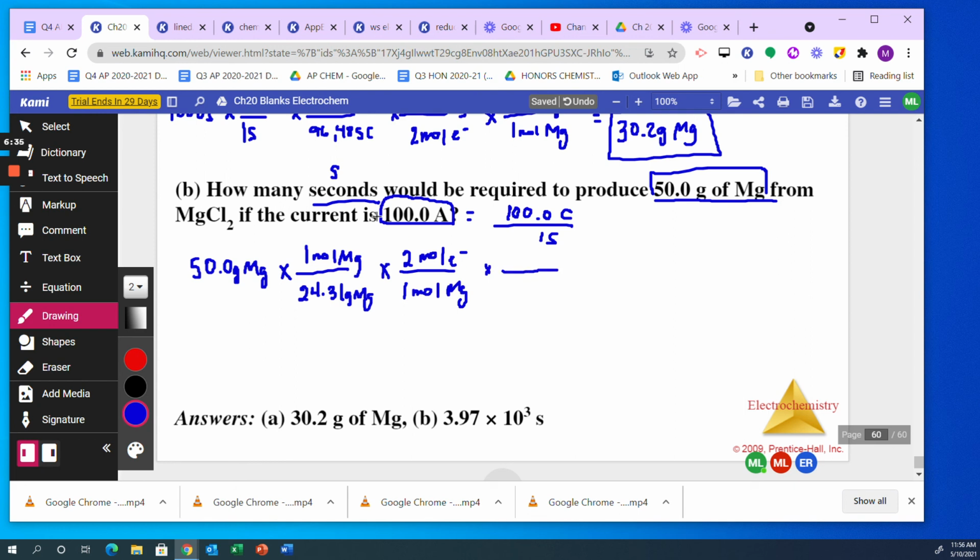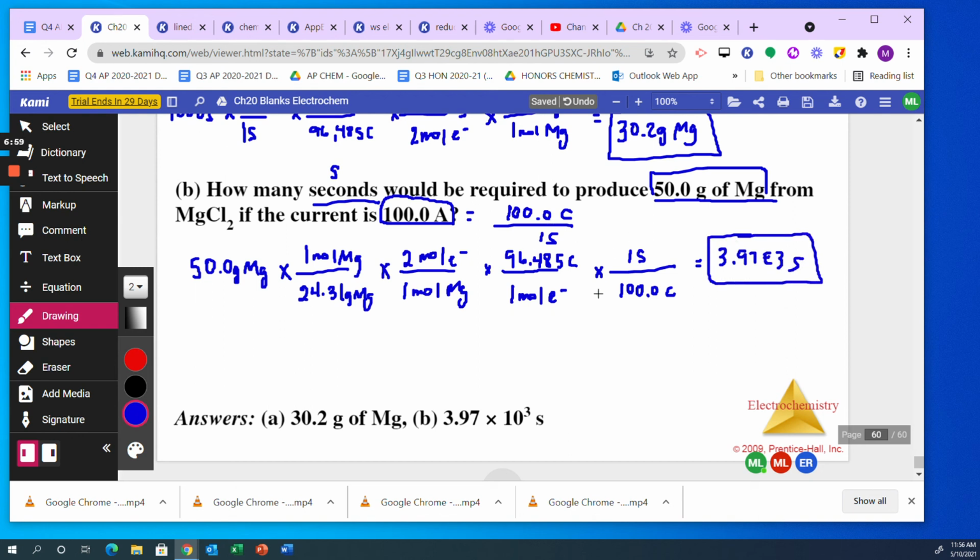Now, according to Faraday, 1 mole of electrons has 96,485 coulombs of charge. According to the current, I have 100.0 coulombs for every 1 second, and that should be the answer. 3.97 E3 seconds is how long you need to let this electrolytic cell go.